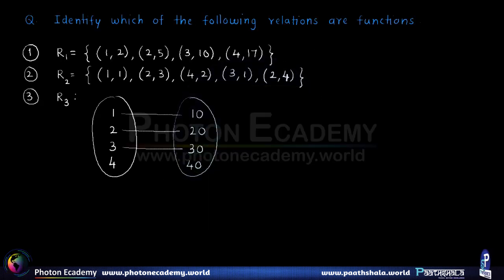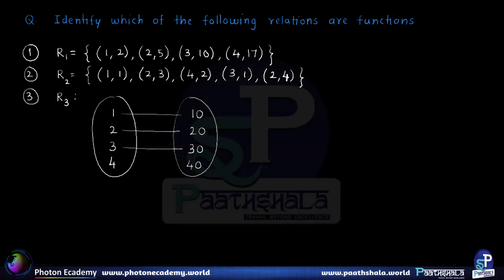Here the question is, identify which of the following relations are functions. So we have to recollect the definition of function and then answer accordingly. Now the first relation R1 is given as (1, 2), (2, 5), (3, 10) and (4, 17).